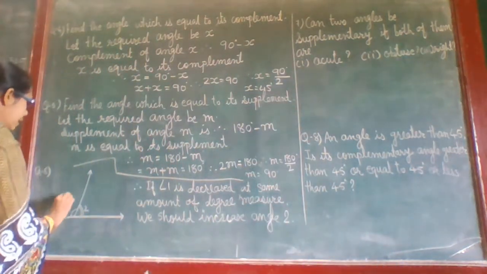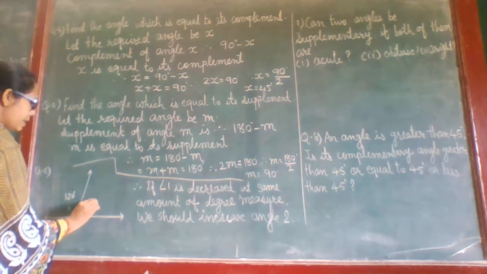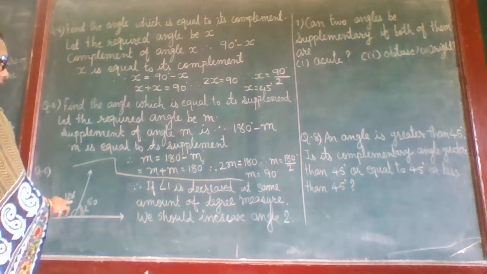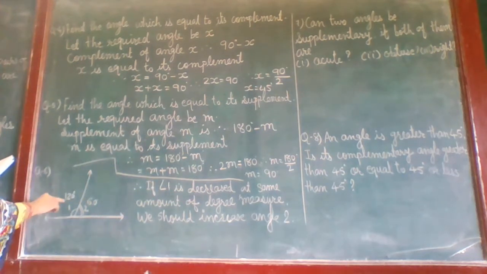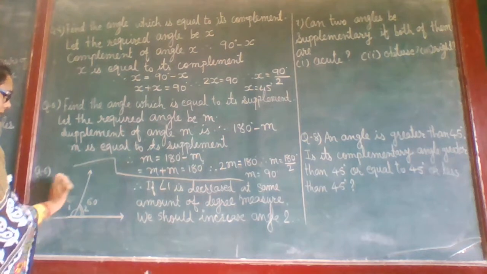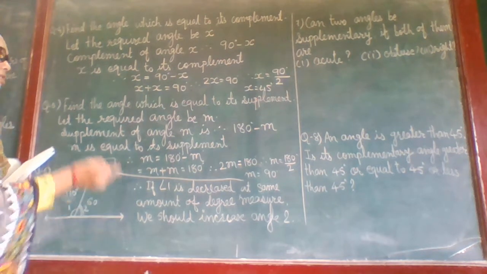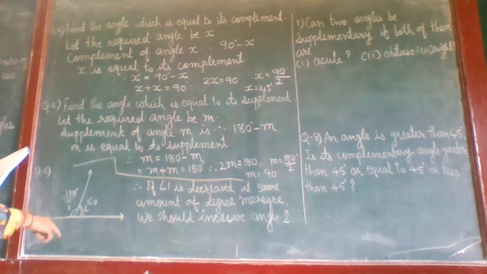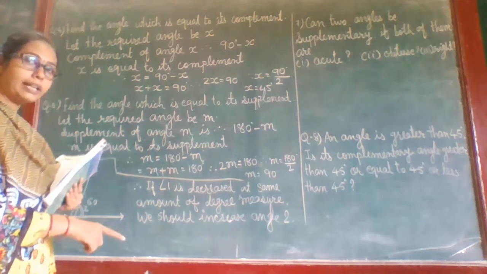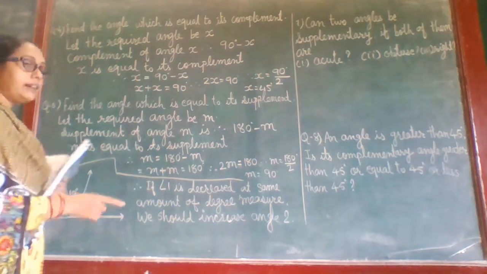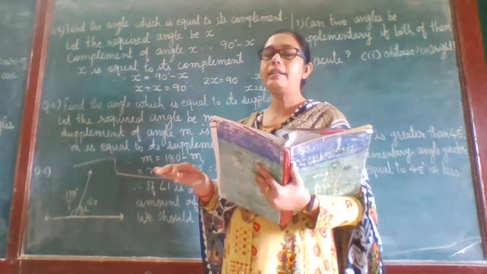Suppose angle 1 is 120 degree and angle 2 is 60 degree. Here we have to decrease angle 1. Suppose I decrease it by 10, so it becomes 110 degree. It was 120 degree, now it is 110 degree, so it is decreased by 10 degree.